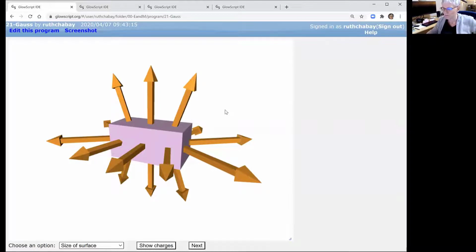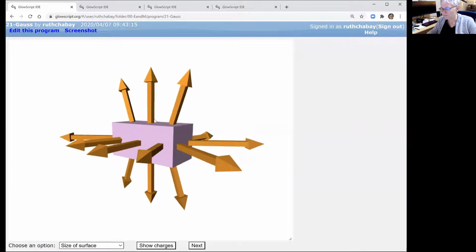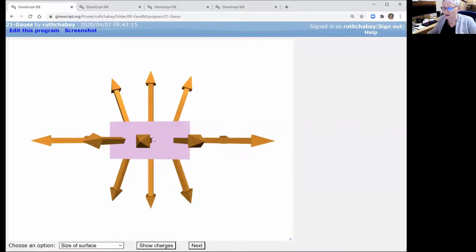And we're going to add up all the E dot n hats on this surface and the E dot n hats on that surface and the E dot n hats on that surface. So we're going to calculate this quantity on every surface or every piece of a surface and add them all up.